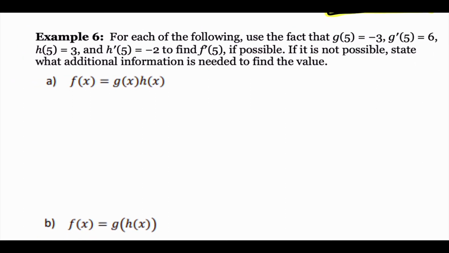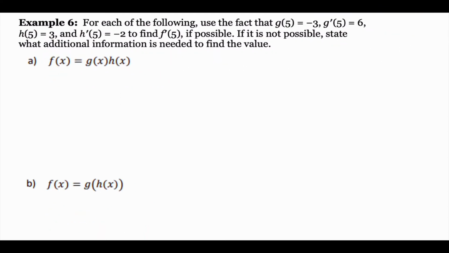When I plug in 5, I get -3 as an answer. When I take the derivative and plug in 5, I get 6. Then there's h. When I plug in 5 for h, I get 3, and when I take the derivative of h and plug in 5, I get -2 as an answer. So they've given me a bunch of information.